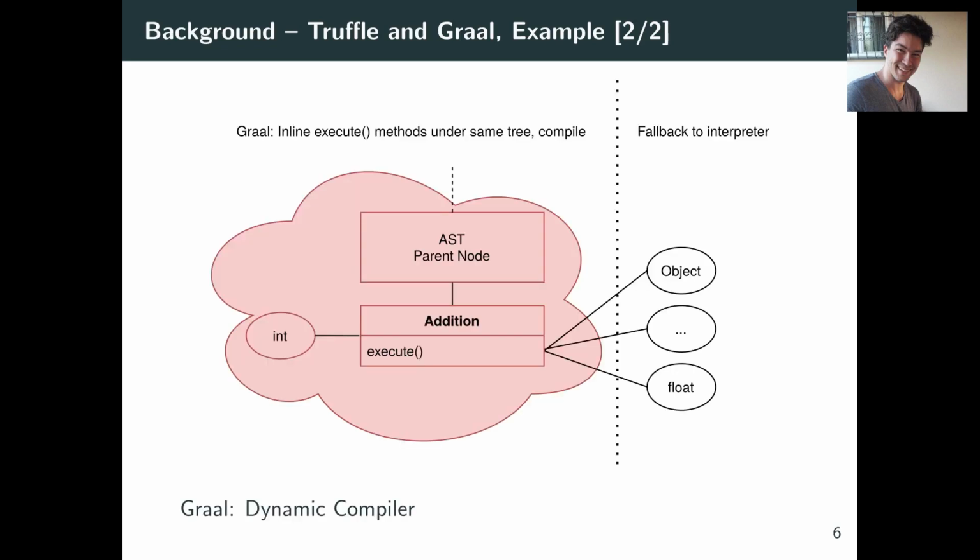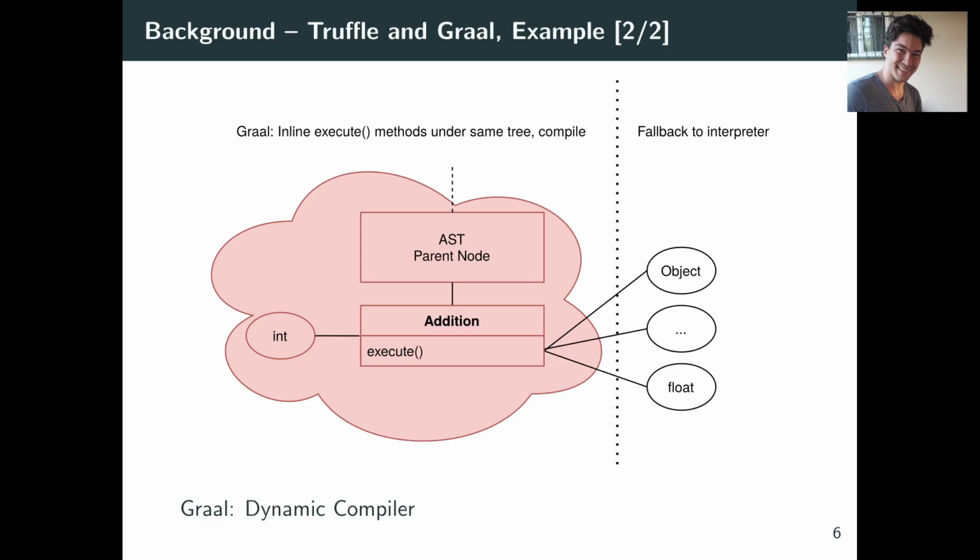At some point, this specialization selection in the AST stabilizes. Then Graal will inline all execute methods under the same tree to increase the scope to reason about, and then can perform optimizations such as constant propagation and constant folding, for instance, and JIT compile this chunk to machine code. Now, this is only speculative.